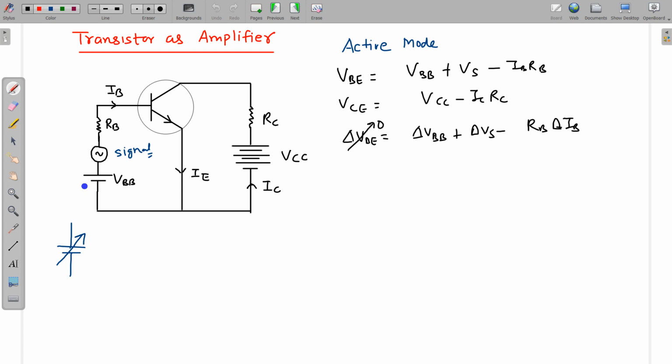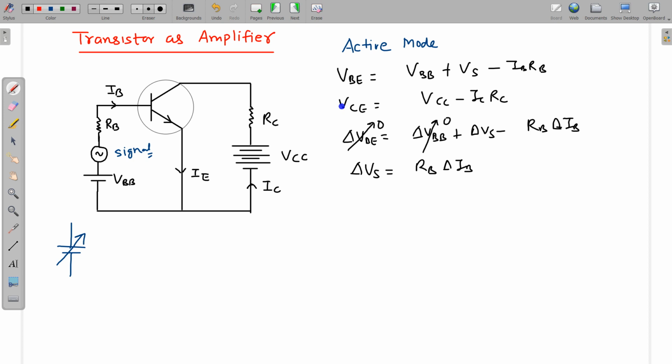VBB is just a DC battery source for biasing, so it is also not changing, it is again 0. So what remains is the fluctuation in signal voltages, which we are interested in. So delta VS is RB delta IB. We can also write it as the fluctuations in the input signal voltages.